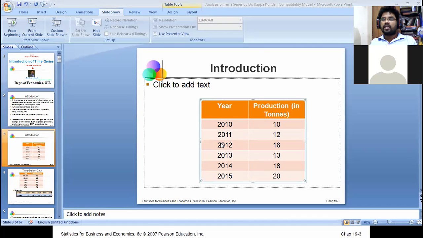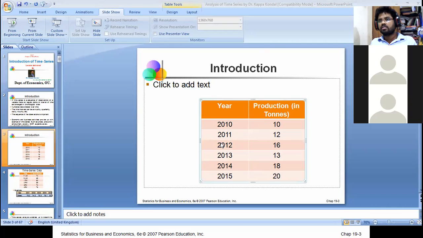If you collect information monthly, you will take monthly production in industries. And if you want quarterly data, you will take GDP quarterly data. So this is called time series data.